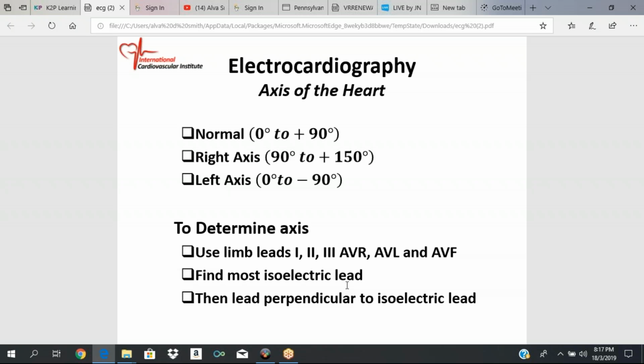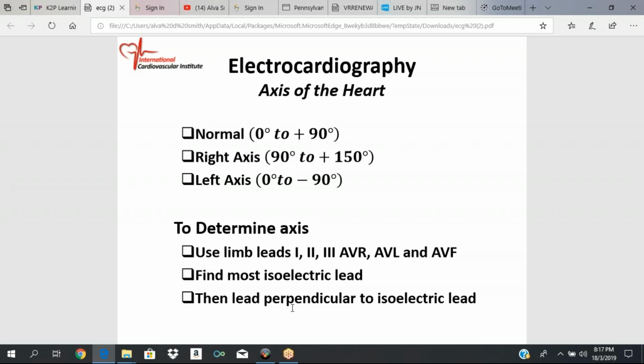That is, the portion above the baseline is almost equal to the portion below the baseline. That is what we call isoelectric. Then to find the axis, you find the lead that's perpendicular to the most isoelectric lead.